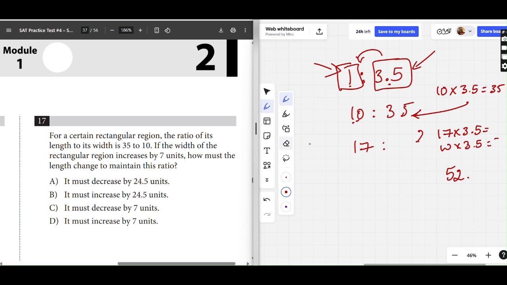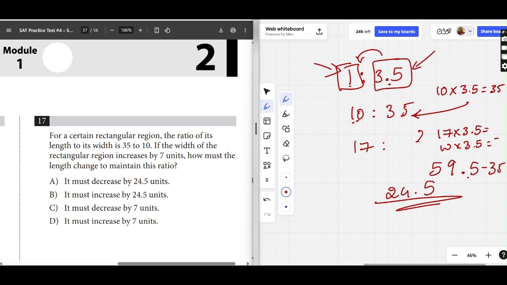So sorry, 59.5. 59.5 subtract with 35 because we want to find out the increment, which is 24.5. Okay, you can see that in the options. We don't need to figure out all these things. This is for your understanding of what's happening in this question.